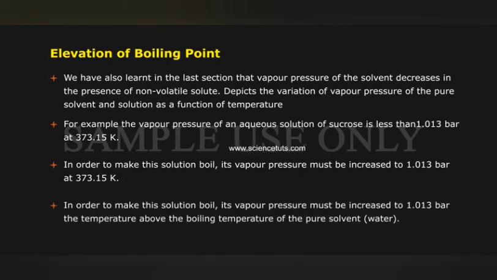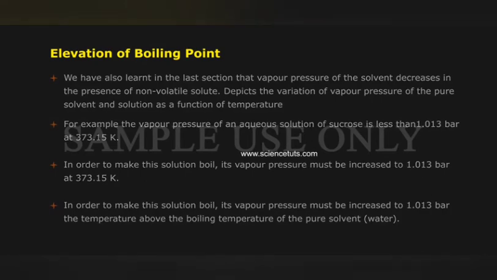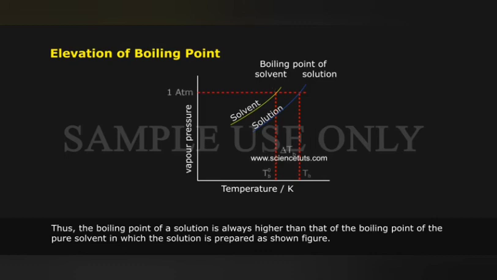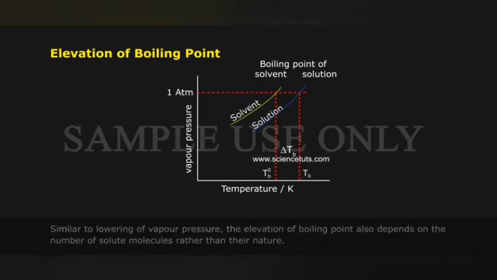In order to make this solution boil, its vapor pressure must be increased to 1.013 bar, which requires a temperature above the boiling temperature of the pure solvent, water. Thus, the boiling point of a solution is always higher than that of the pure solvent in which the solution is prepared, as shown in the figure.